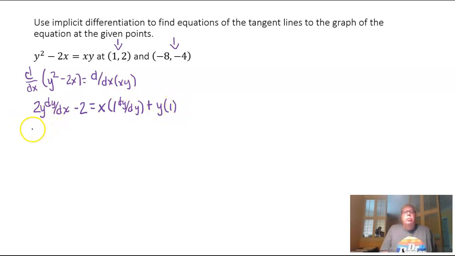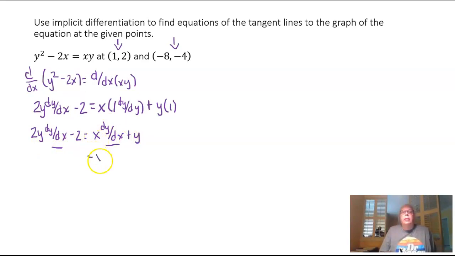Alright, so we'll clean this up a little bit. We've got 2y dy/dx minus 2, and over here we've got x dy/dx plus y. Now we're solving for the derivative of y with respect to x, so we're going to get all those terms on one side.